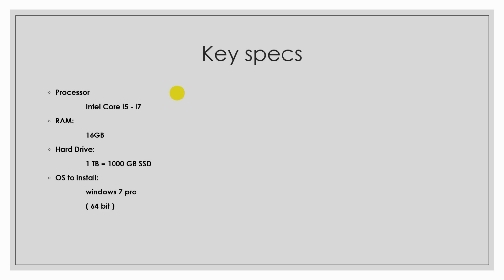So I recommend higher storage, at least 1000 GB, and the latest type of hard drive, SSD. The OS to install on that drive is Windows 7 Pro, as it contains all the basic features of Windows Home also, and I recommend installing it as 64-bit because most software runs on 64-bit.